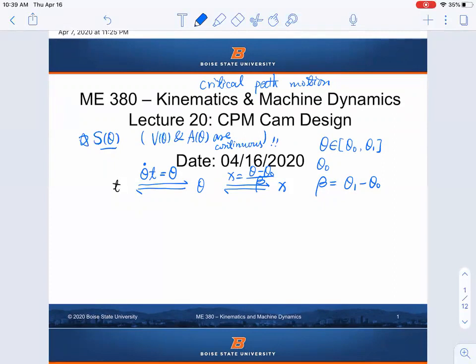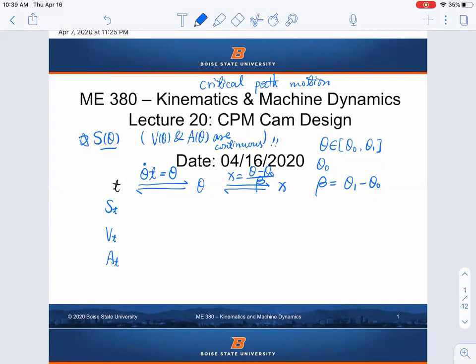Most of our design parameters are going to be given in the time domain. So we usually write displacement in the time domain as s(t), velocity as v(t), and acceleration as a(t).